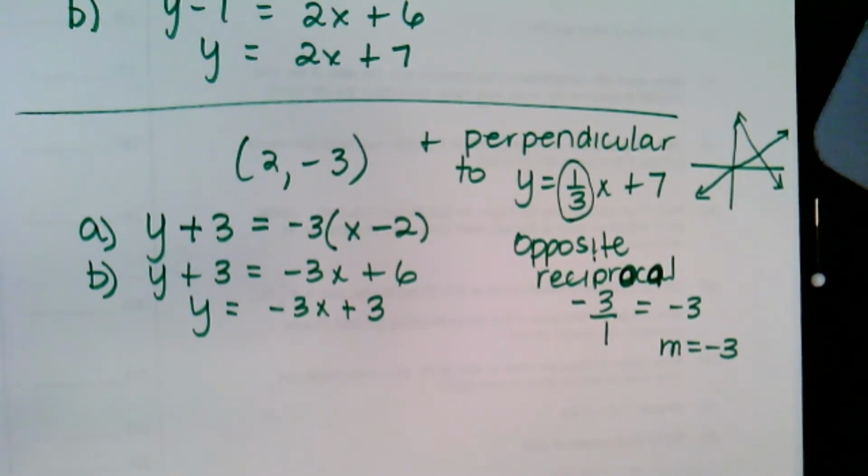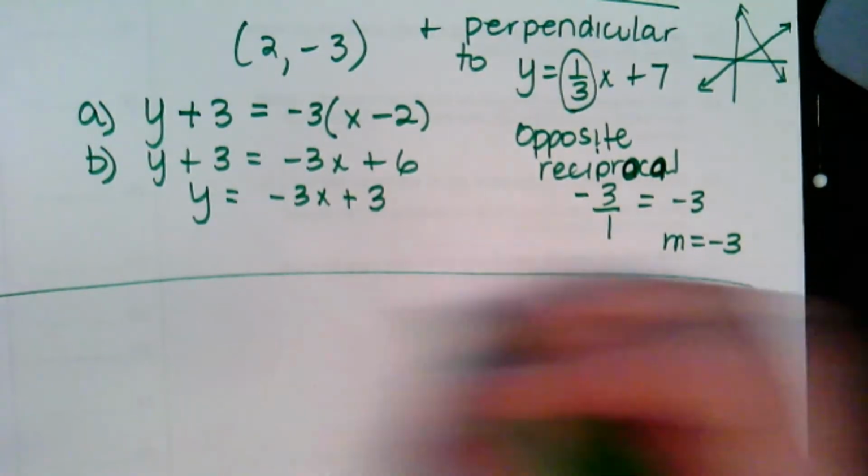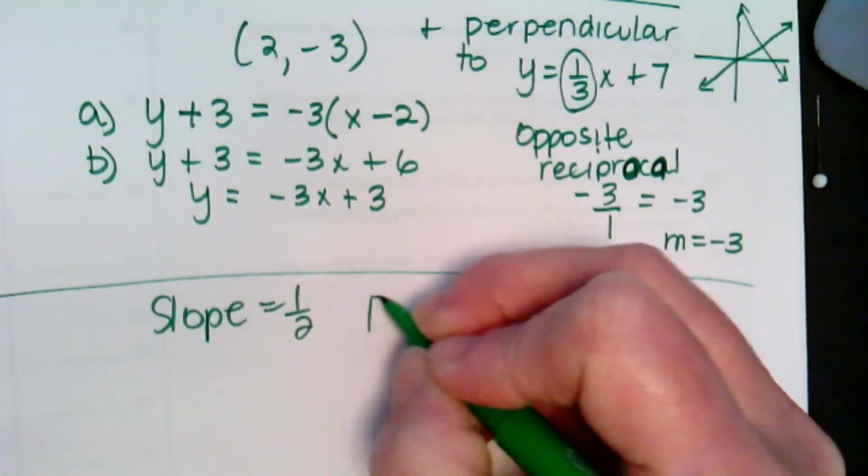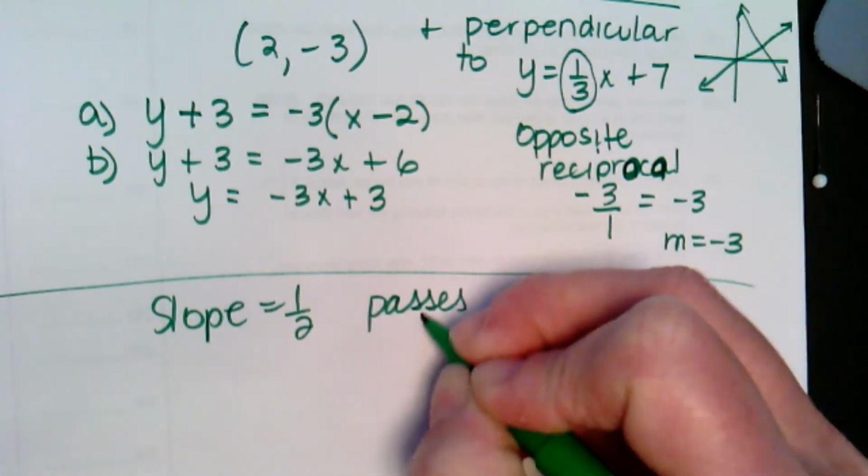Alright, let's see if we can find one more that might stump you. Alright, so they say the slope is a half and it passes through the origin.